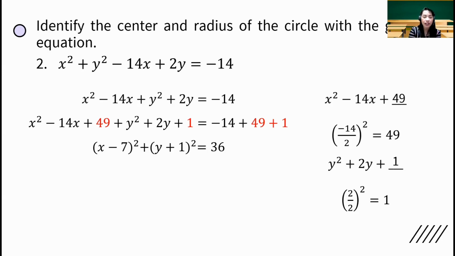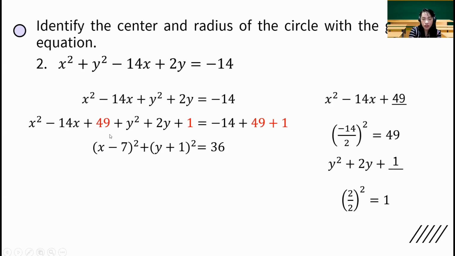To simplify, we now have on the right side 36 and yung variable x, since na meron na tayong third term or constant para maging perfect square trinomial, that is the quantity x minus 7 squared. Sa value or sa variable y naman, ang perfect square trinomial ay y plus 1 squared or the quantity y plus 1 squared equals 36.